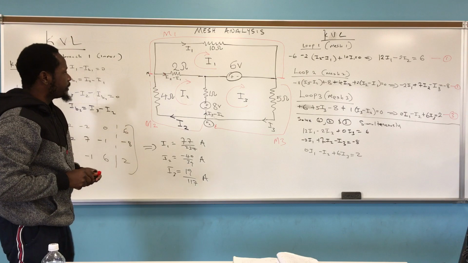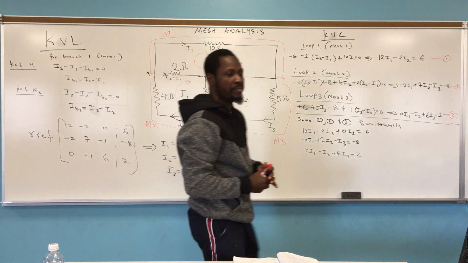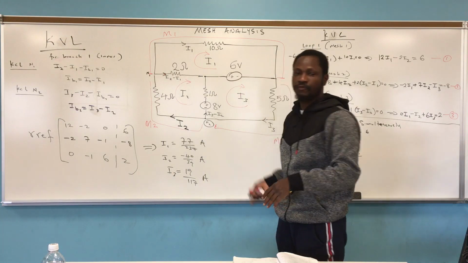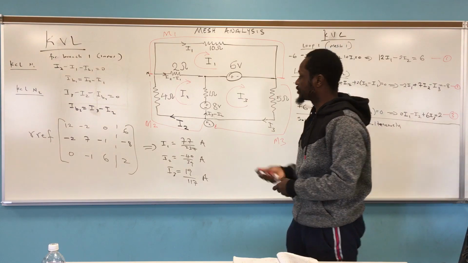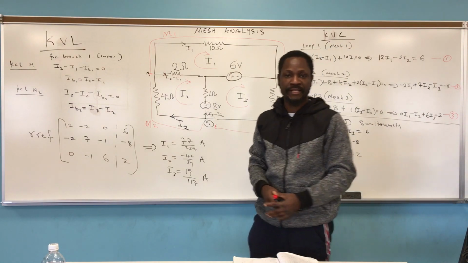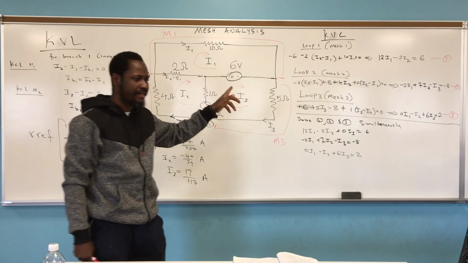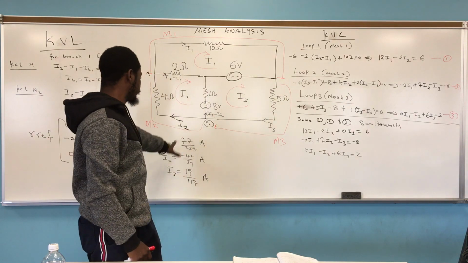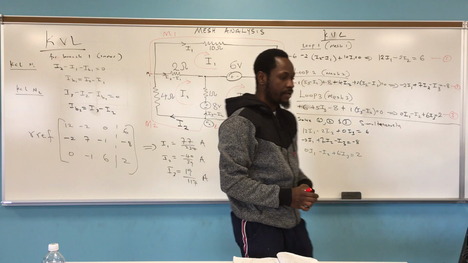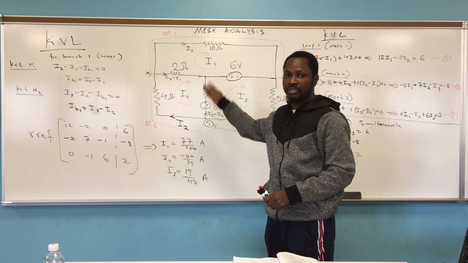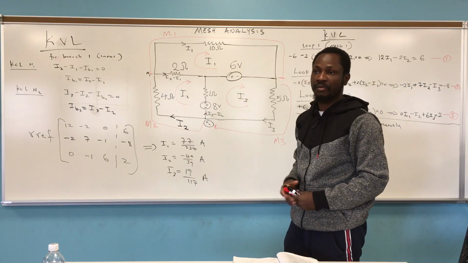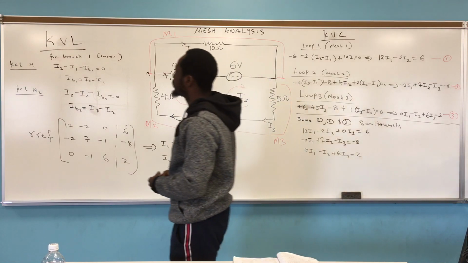So this is the way to go about mesh analysis. If you're following my video and you want to use it, just double check that we didn't make any mistake in our calculations, but I don't think so. I just like nicer looking answers. If you find a mistake while watching the video, just point it out for us.